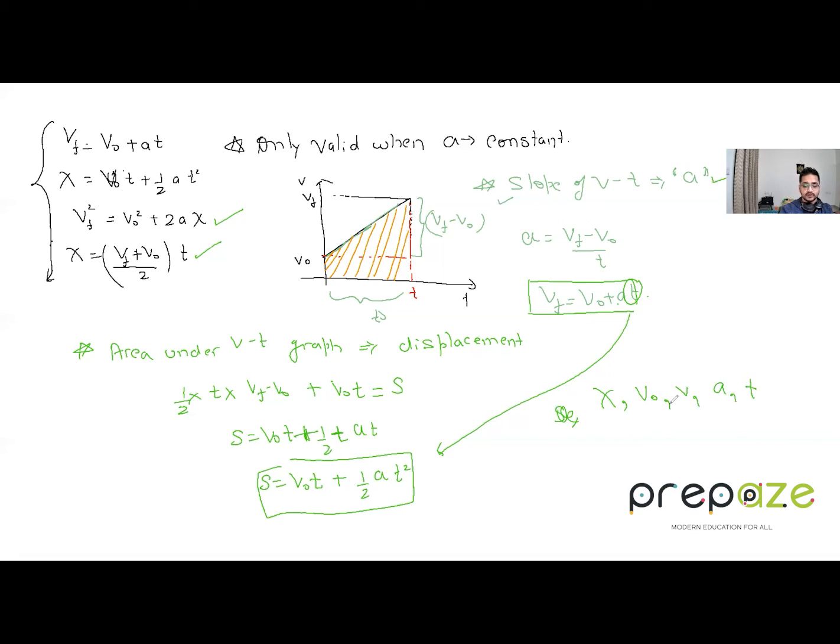From all these, you should have at least 3 to initially begin the question. If you are saying that there are only 2 variables, then obviously you cannot apply the equations of motion. So you are making some mistake in judging the question. So always you should have 3 variables to solve a question. In the next session, we will be discussing how to use these equations of motion and how to solve questions on that. All right. So that's it for today's session.